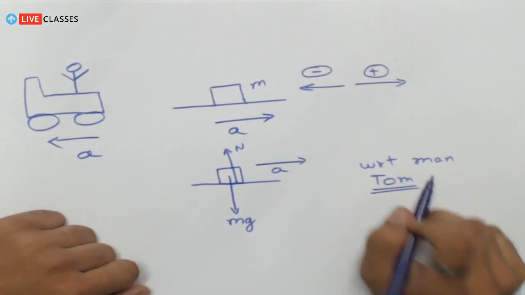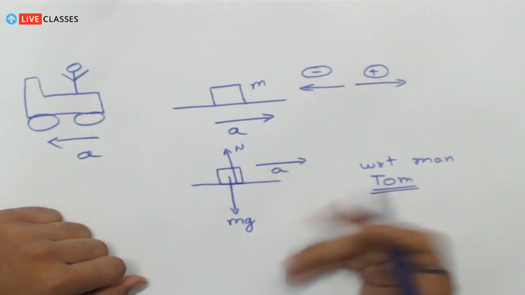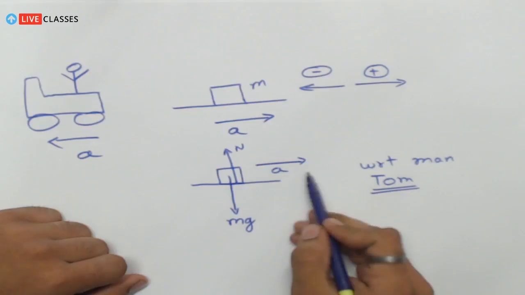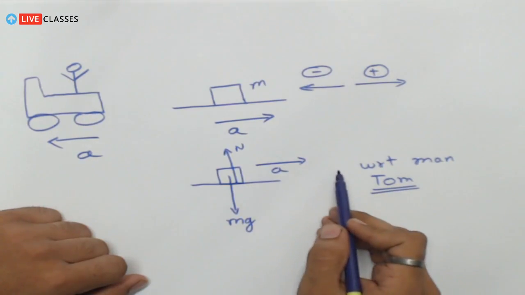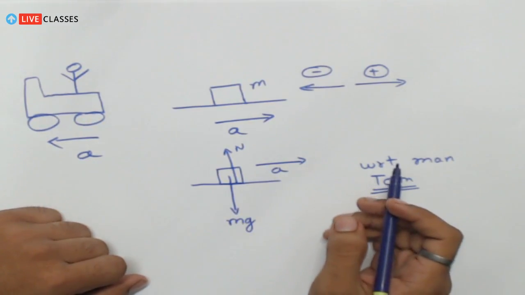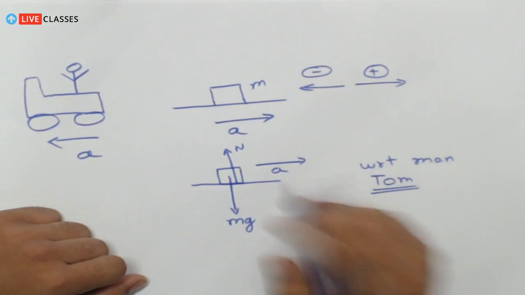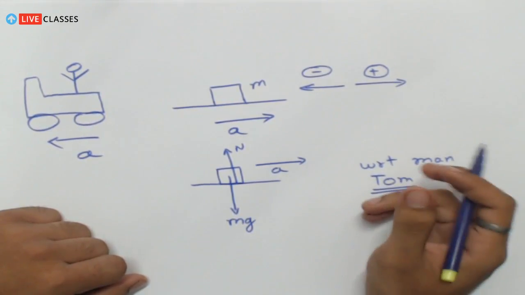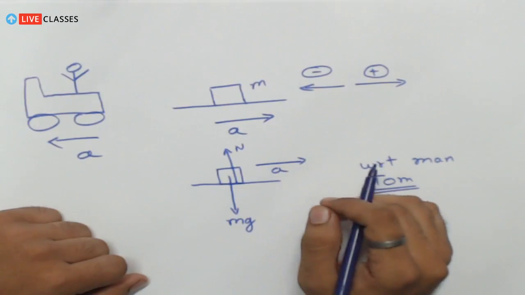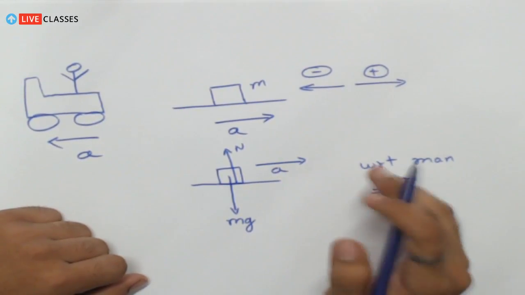As you can see, there is no force acting in this direction, but the acceleration is in this direction. As it is a non-inertial frame of reference, we have to make some changes in this. So here comes pseudo force.